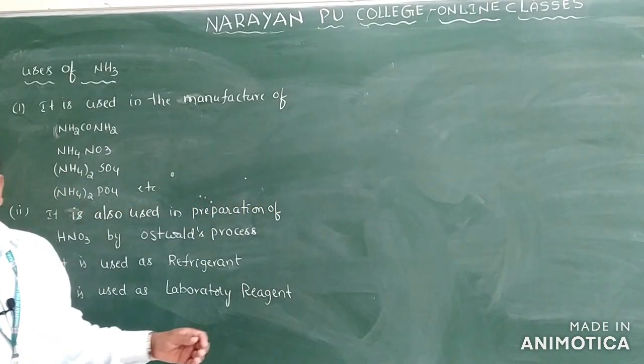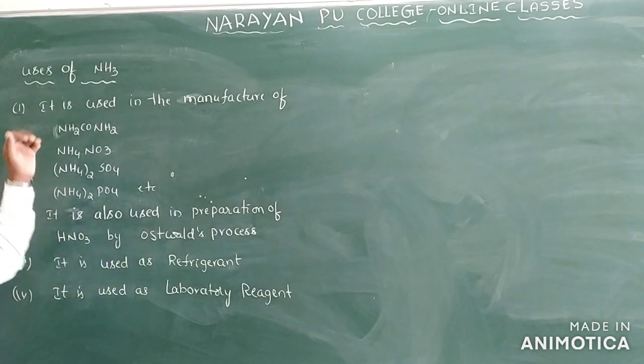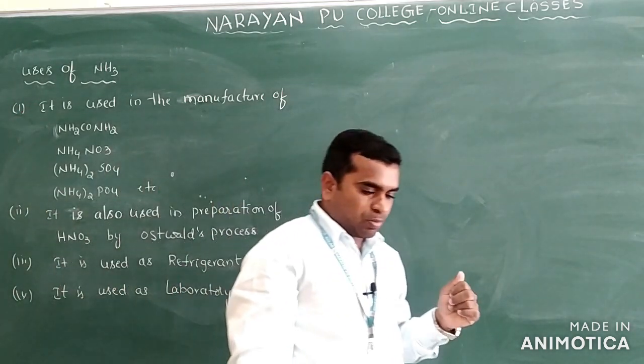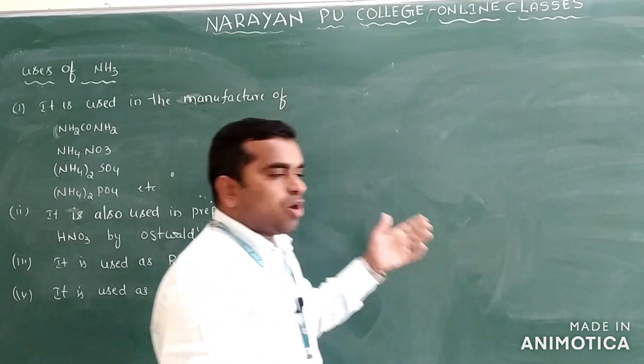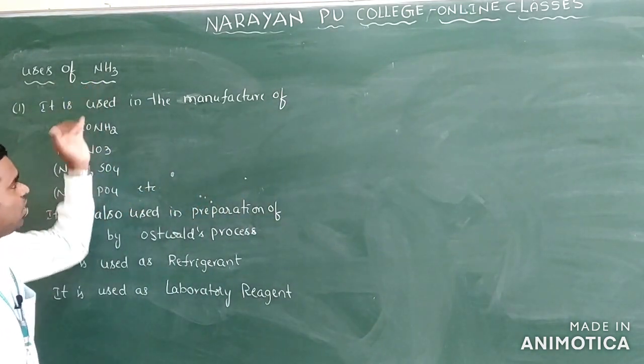Next is the uses of ammonia. We have completed the chemical properties, and now the next concept is the uses of ammonia.